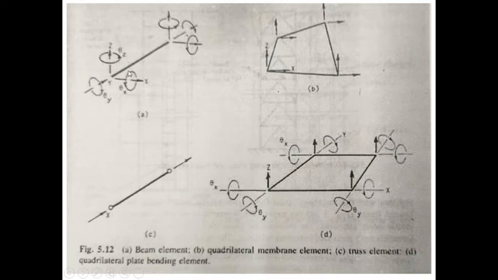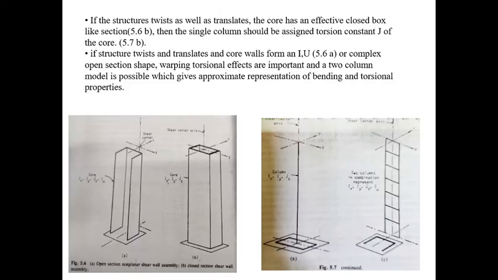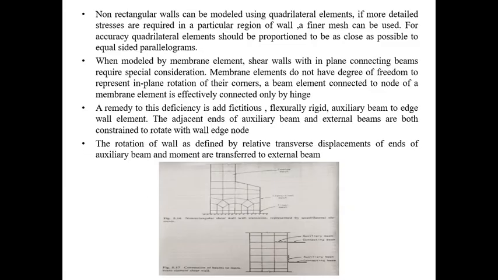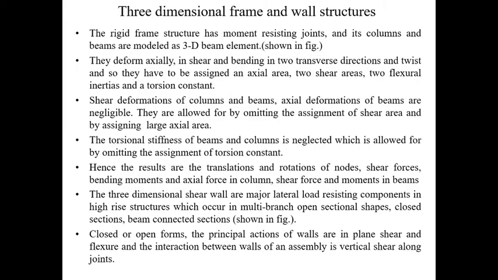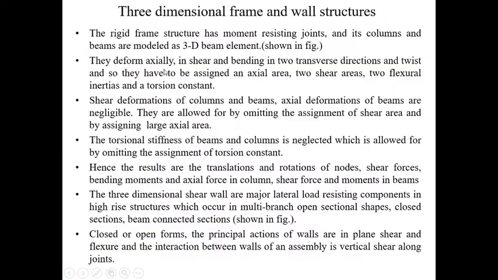So this is the beam element. Now you can see in the first figure, all these beams and columns of this rigid frame will be taken as beam elements, shown as three-dimensional beam elements.